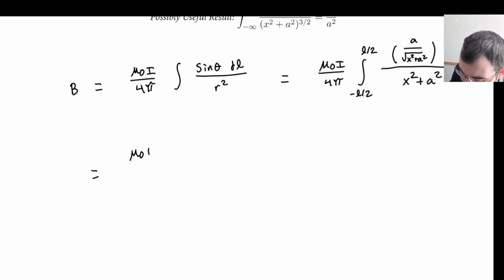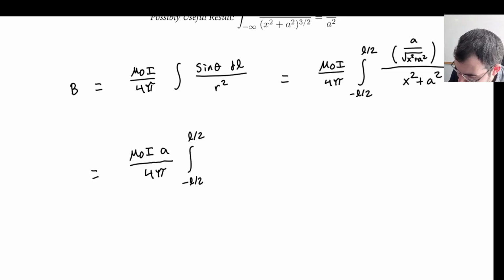So we get mu naught I a over 4 pi times the integral from negative L over 2 to L over 2 of x squared plus a squared to the 1, and then we tack on the same thing to the 1/2 power, so we have 1 plus a half, which makes 3 halves.